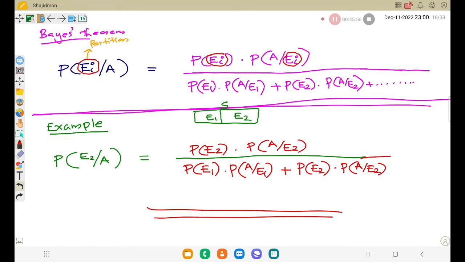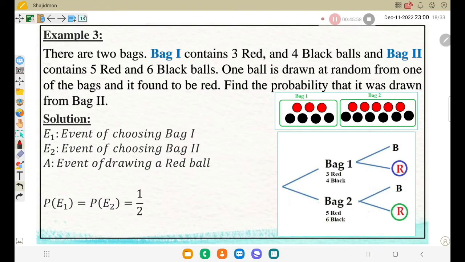So let's do one example here so that it becomes clear. For example, there are two bags. How many bags are there? Two bags. That means we have two partitions. I can see the picture also. This is the sample space. We have two partitions: this one is bag number 1, and the second one is bag number 2, correct?